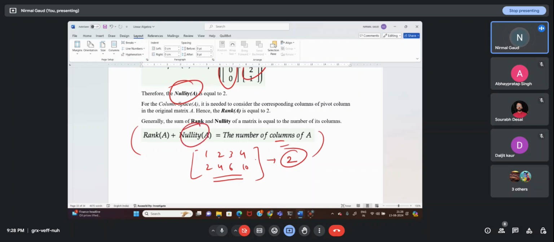Rank is 2 and nullity is also 2 for this matrix, so the total number of columns here is 4.